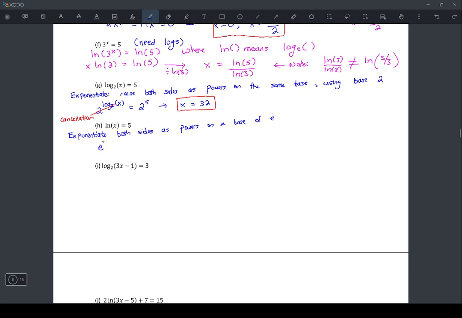So we have e to the ln of x equals e to the 5. Now, e to the ln of x equals e to the power of log base e of x. You use the cancellation law, we just get x. So we get x is equal to e to the 5.